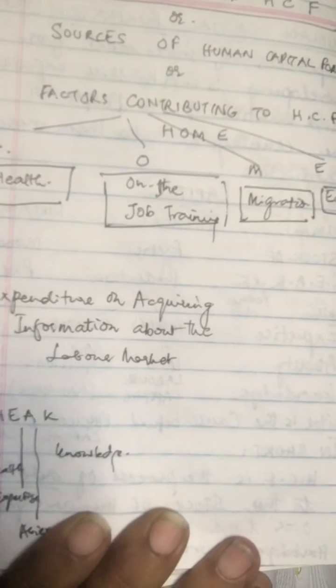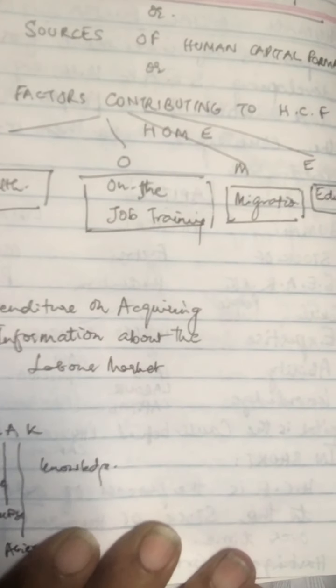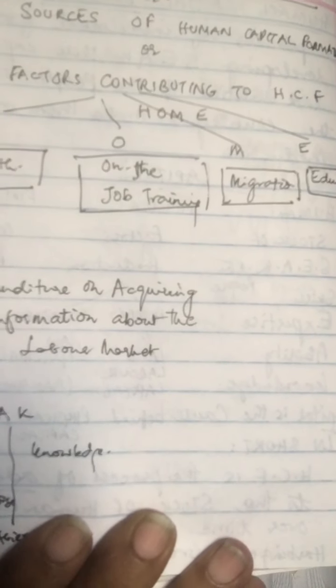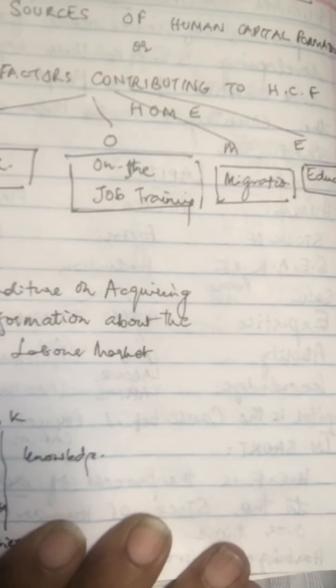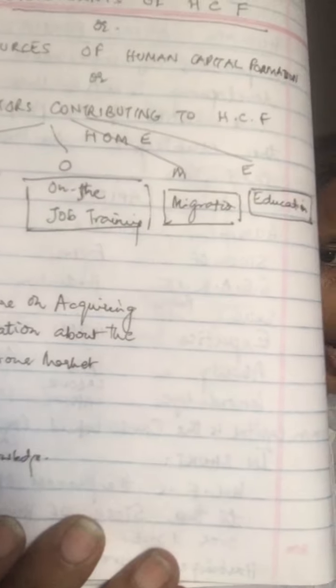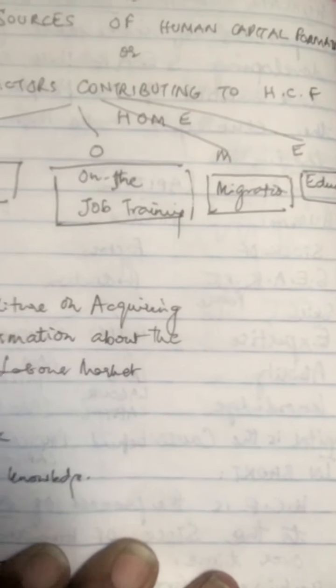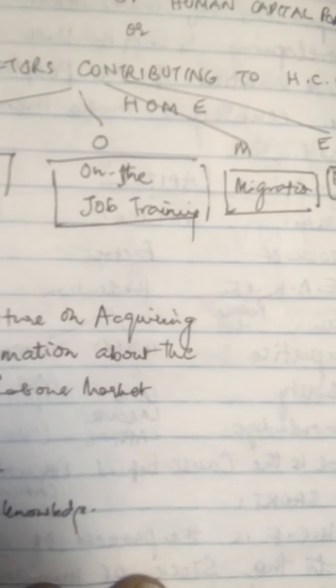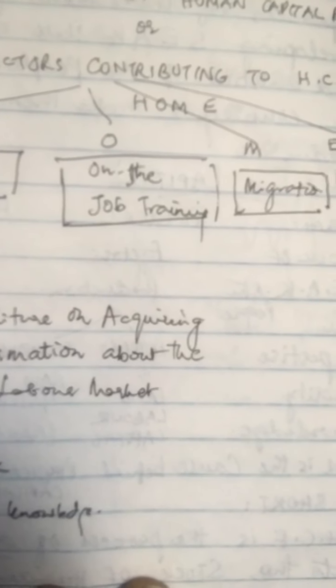And then education modernizes people's attitude and outlook. And of course, education helps a person to earn more income compared to a person who's not educated, with the given skills and expertise. And education undoubtedly produces skilled and trained labor.